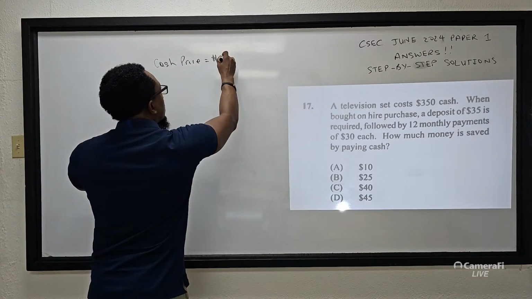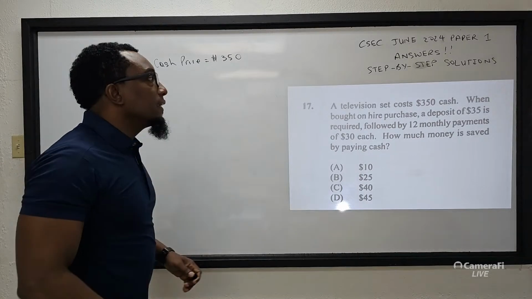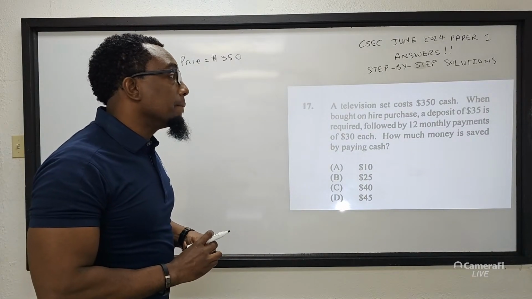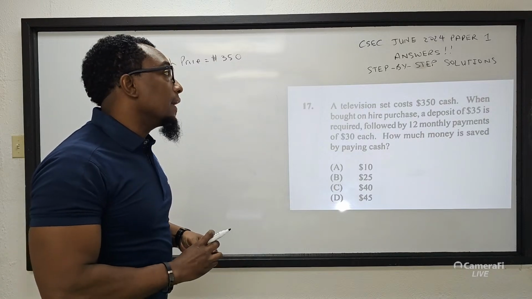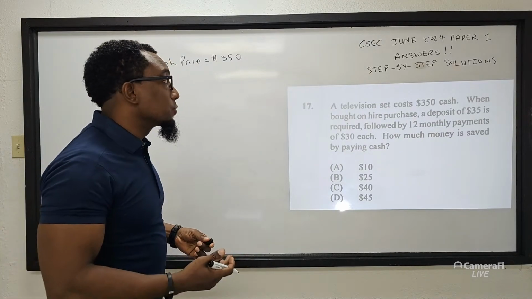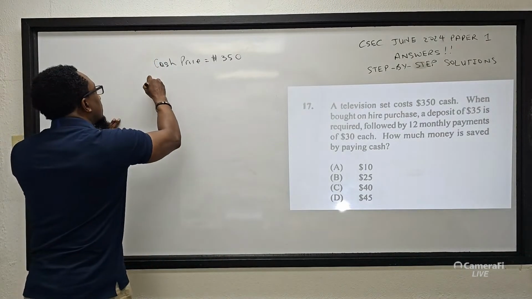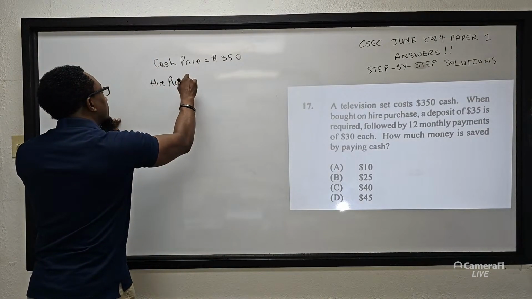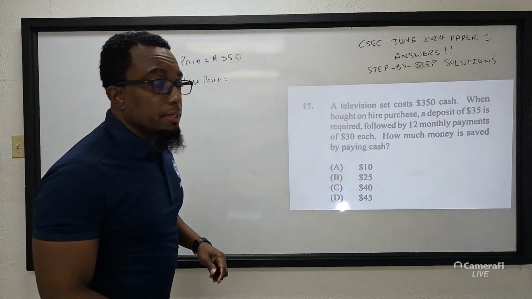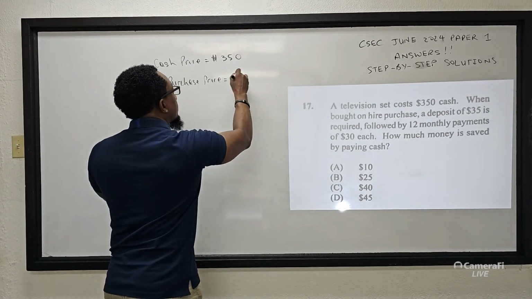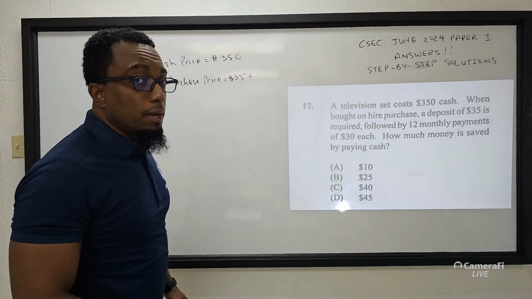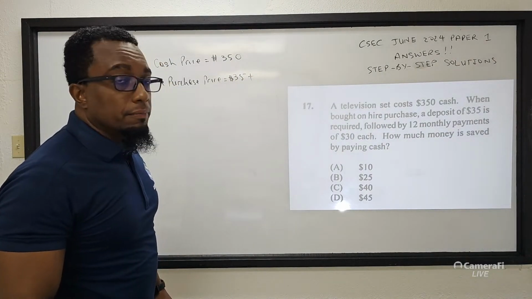we know it's $350, and we know when we buy something on hire purchase, we often make a deposit, and the balance we pay in equal monthly installments. So the hire purchase price will be your deposit of $35 plus 12 equal monthly payments of $30.